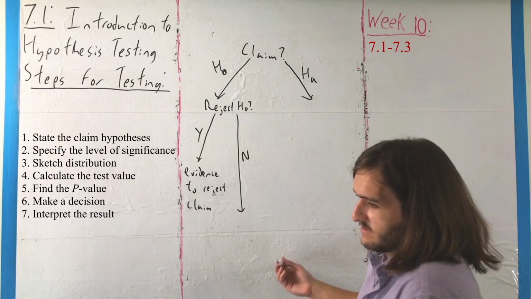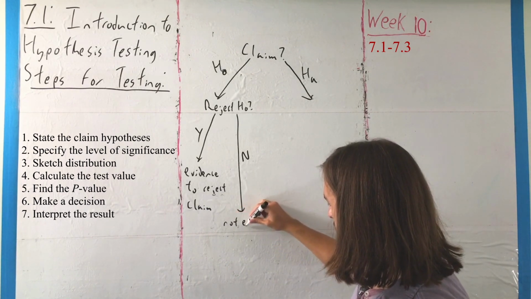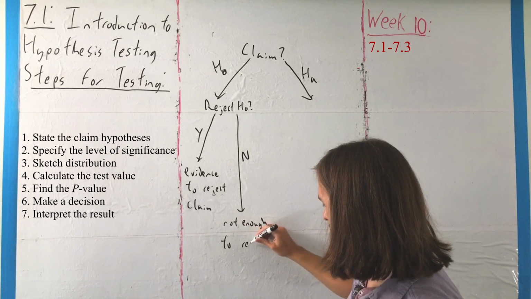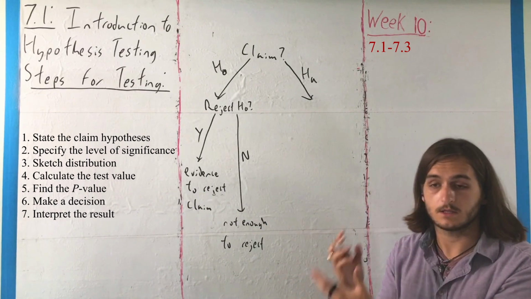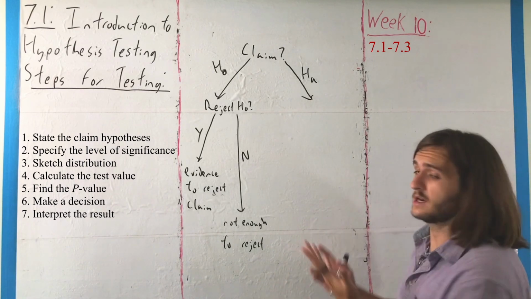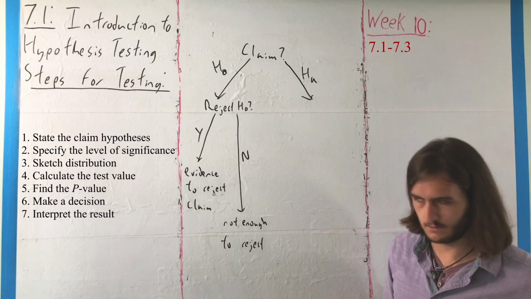Or we say we have evidence that fails to reject, but you just say something like, not enough evidence to reject. So the big thing here is when your claim is the null hypothesis, your language is inherently going to be a lot more negative, as it were, because you're either rejecting or you're failing to reject.